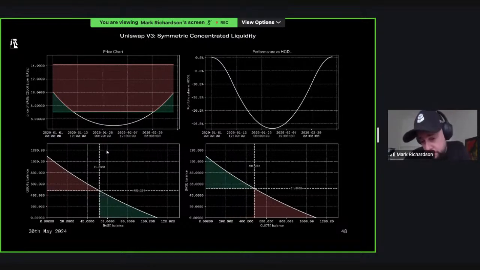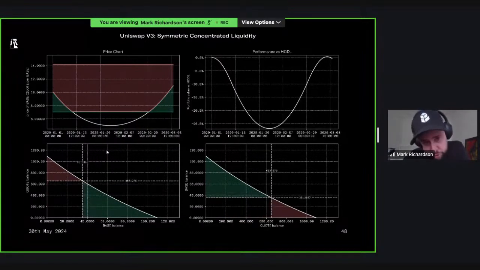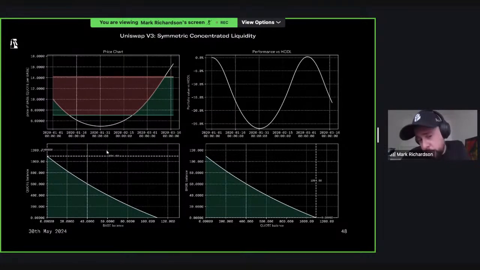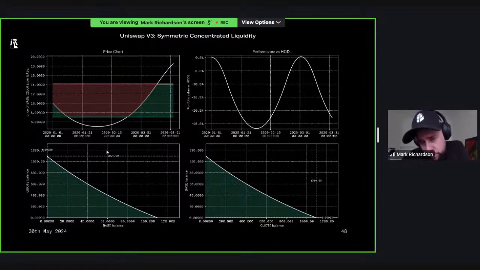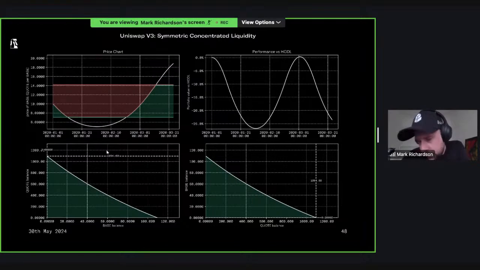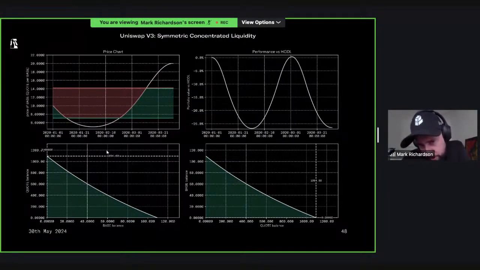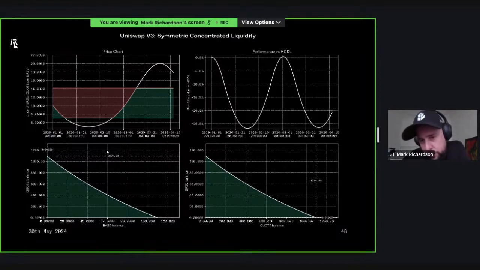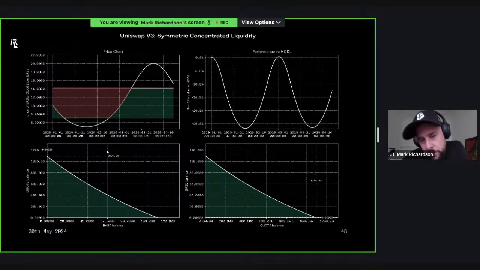If the market comes back, fine. And as it's showing you right now, if the market moves right through your range, then you'll end up with all of the other token. But it's the part where the market appetite is inside of your liquidity range that I want you to pay attention to.